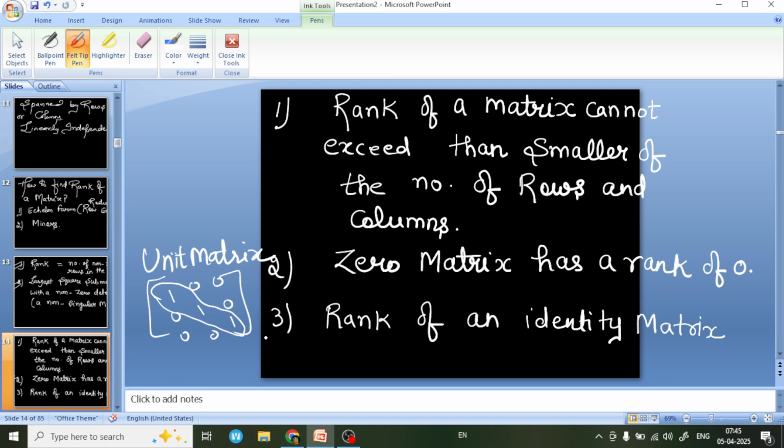Now the next point: the rank of an identity matrix is equal to its dimension. Okay.